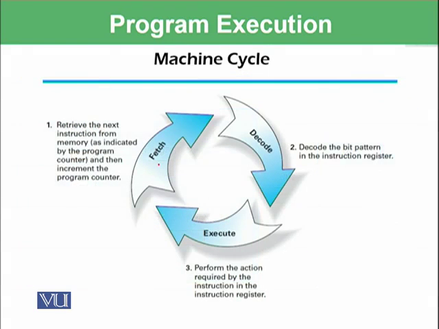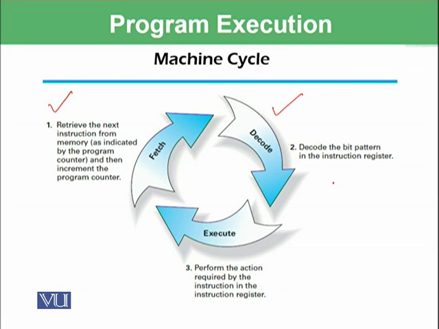So this would be the machine cycle. First of all, we perform fetch, as I have already explained: it retrieves the next instruction from memory as indicated by the program counter, and then increments the program counter. After that, there is a decode phase. In the decoding phase, we try to understand what has been said by the instruction.